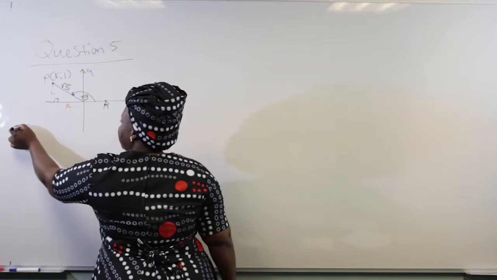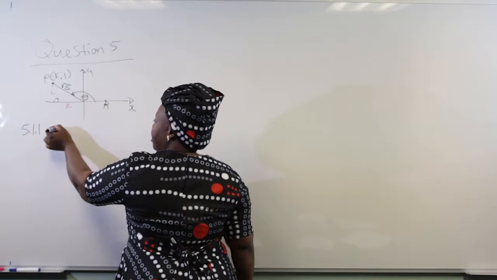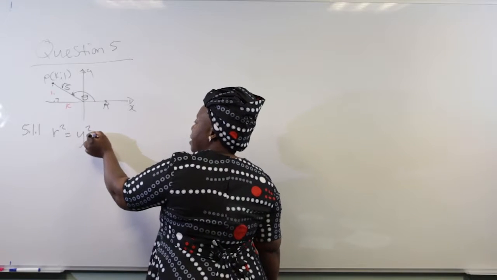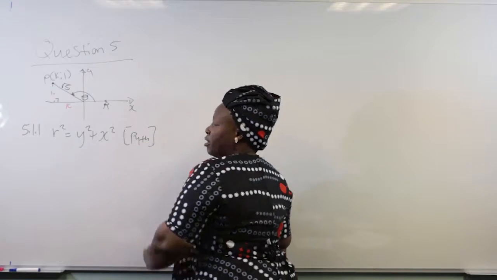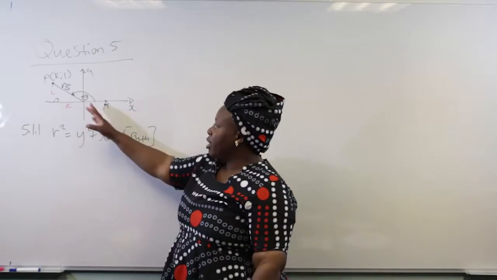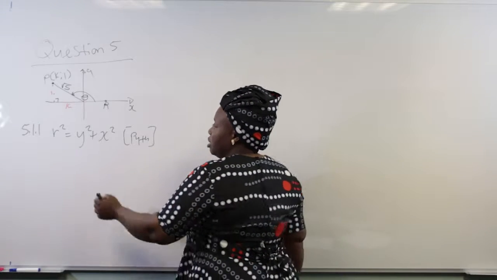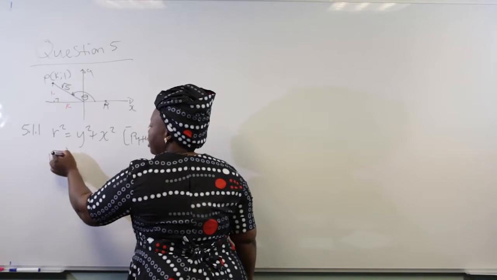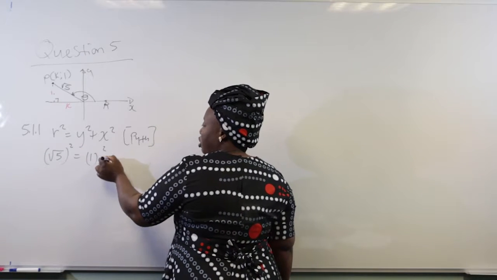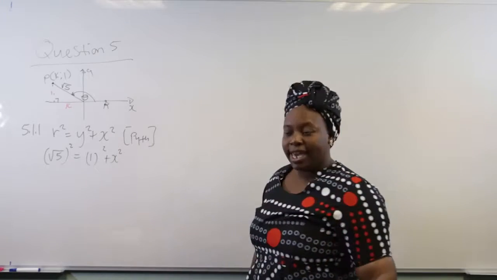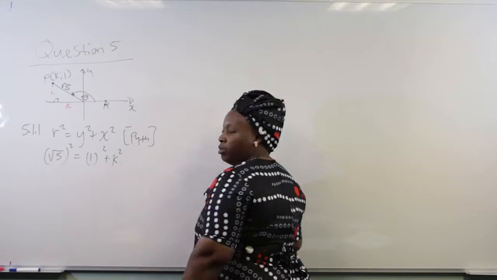So let's answer that one. It's 5.1.1, and we are going to say R squared equals Y squared plus X squared. This is our theorem of Pythagoras. The longest side squared equals the sum of the squares of the other two sides. Our R is the square root of 5, so we say square root of 5 squared equals 1 squared, and we are looking for X, which is K. We substitute K so that we remember what we are looking for.